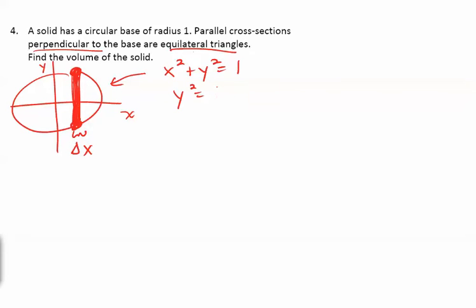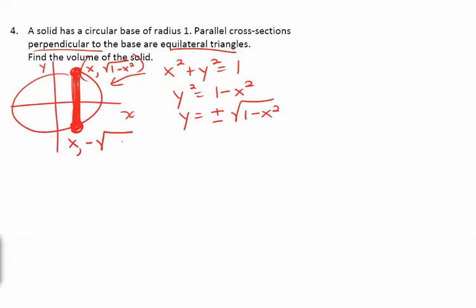If we write each semicircle of the circle, y as a function of x, this point up here is in the positive quadrant, so its y coordinate would be the positive square root of 1 minus x squared, and this point down here has the same x coordinate, and it would be the negative square root of 1 minus x squared.